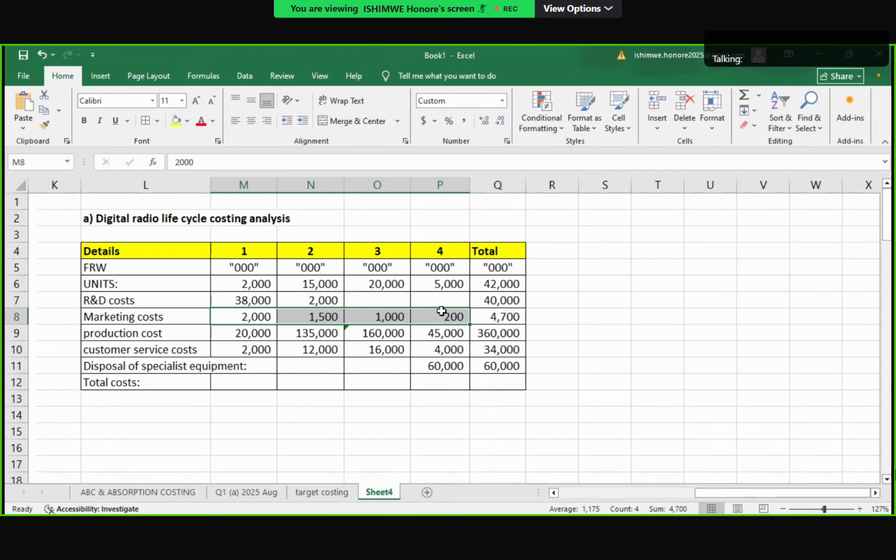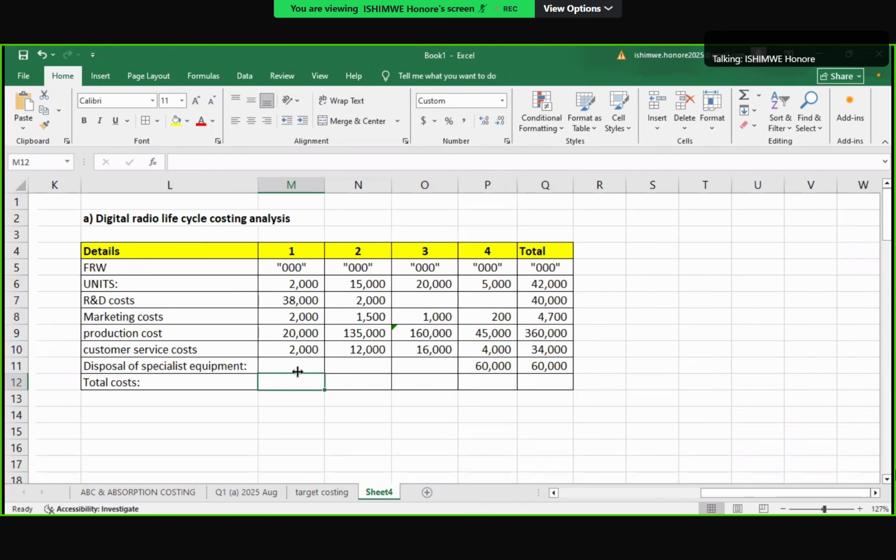Now we look at the total cost. That was what I was talking about here. The total cost. Need to add only the total cost.